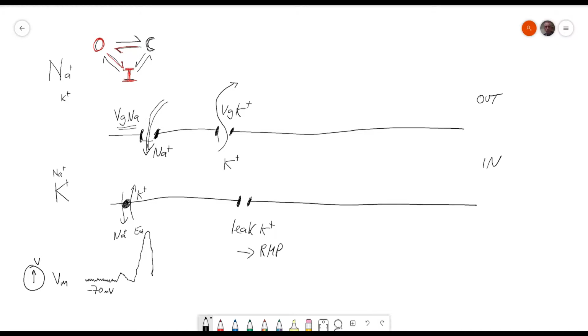And because now we've not only got these leak currents, but we've also got voltage gated potassium currents open, we now get even more negative.